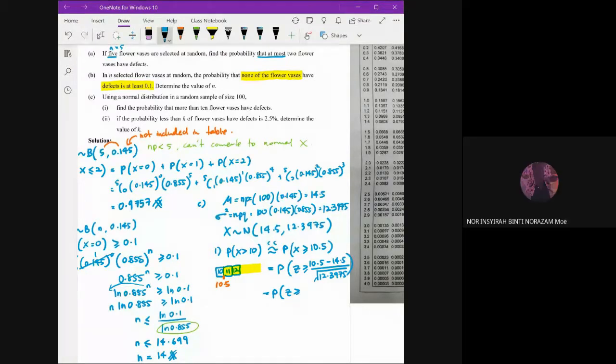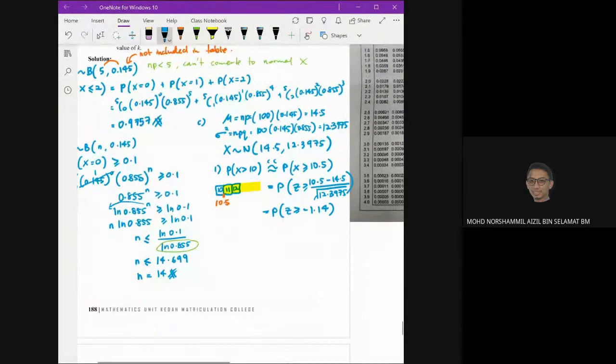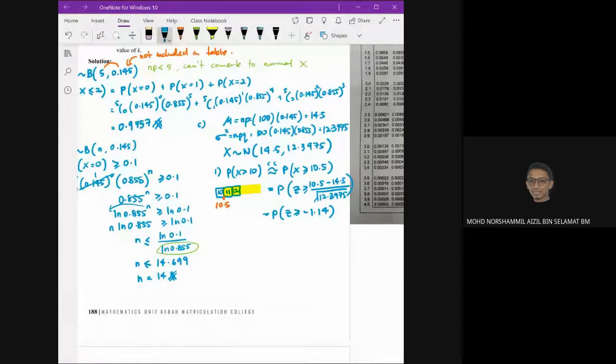Negative 1.14. Alright. So let's illustrate the diagram. Negative 1.14 dekat sini. So kita nak greater than or equals to, kita nak kawasan ni guys.